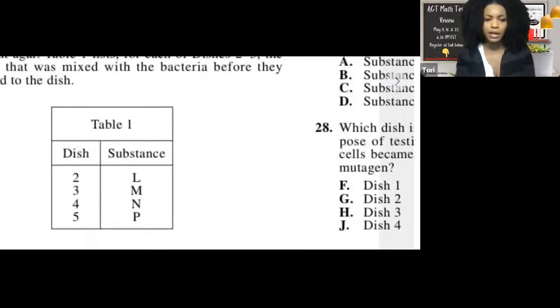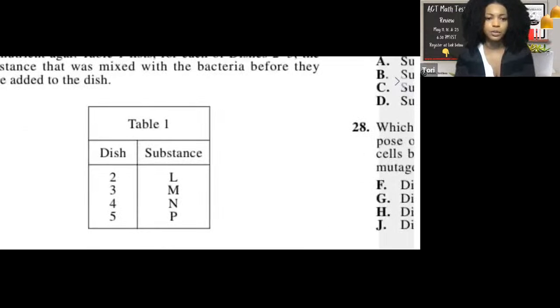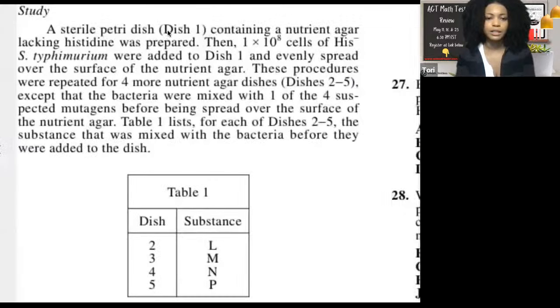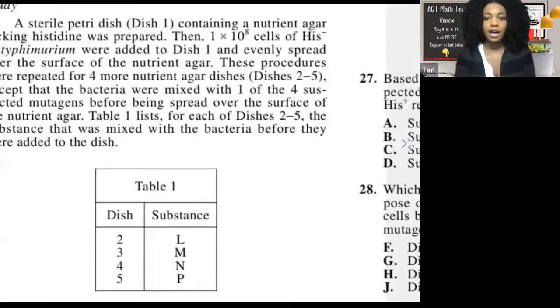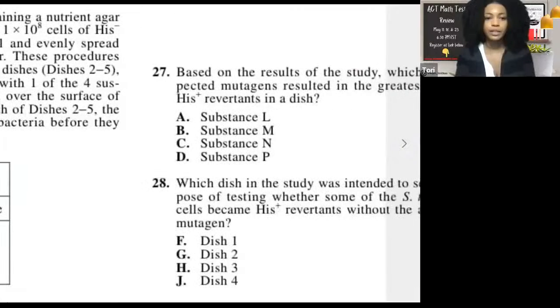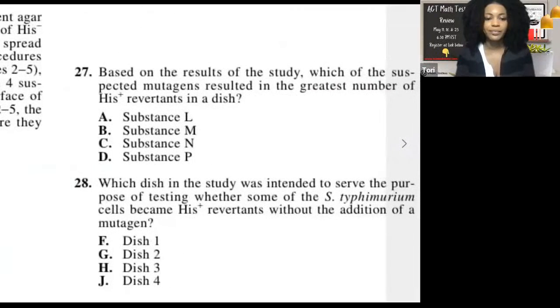And remember we read dish 1 was the control. Dish 1 is sterile petri dish. All it has is the salmonella. It doesn't have any extra substances or mutagens applied to it. So the correct answer to 28, our fourth question, is F, dish 1.